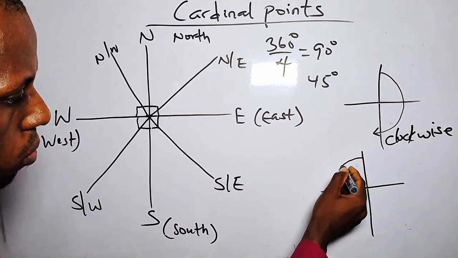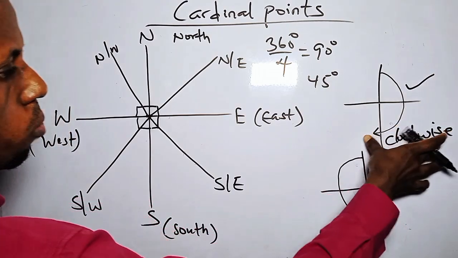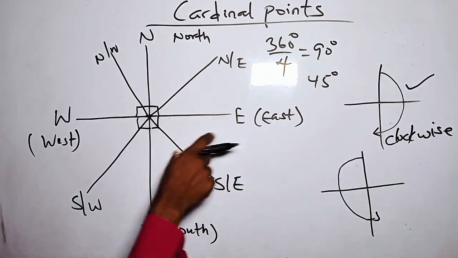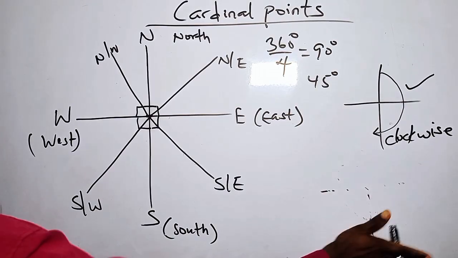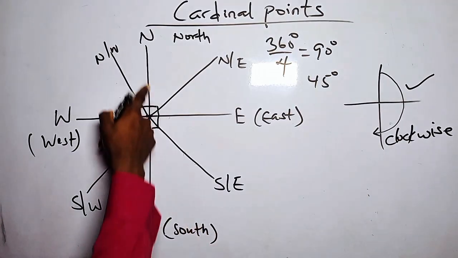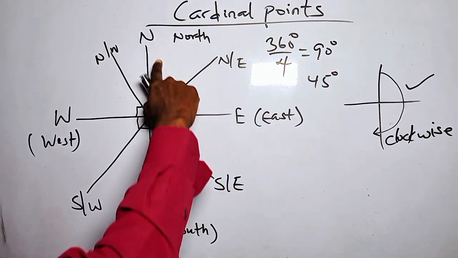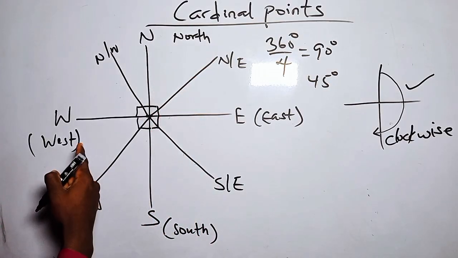We are going with this one, and this is what we'll be using to do our calculation. So we move in a clockwise direction. For cardinal points, we make reference from the north in a clockwise direction.